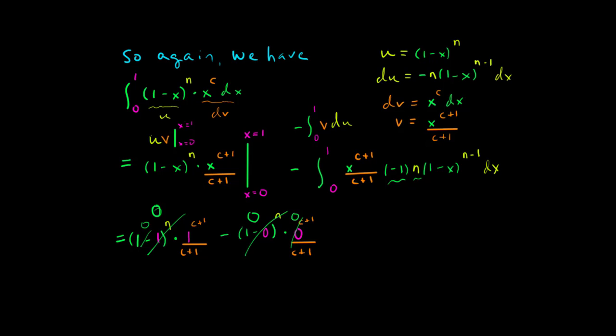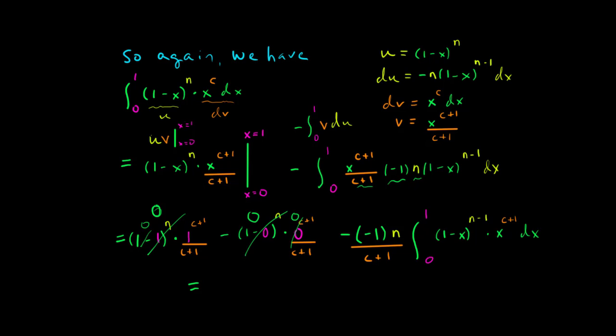And now over there in that integral in the second part, I'm just going to pull out these constants. So I have minus -1 times n over c plus 1 times the integral from 1 to 0 of 1 minus x to the n minus 1 times x to the c plus 1 dx.